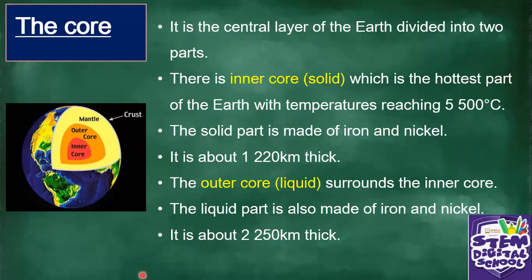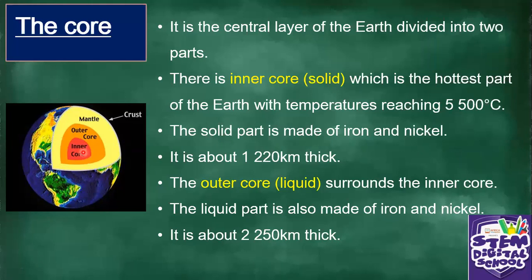Okay, let us look at the core. What is the core? What is it made up of? It is the central layer of the Earth, which is divided into two parts. So here it is, two parts, inner core and outer core.